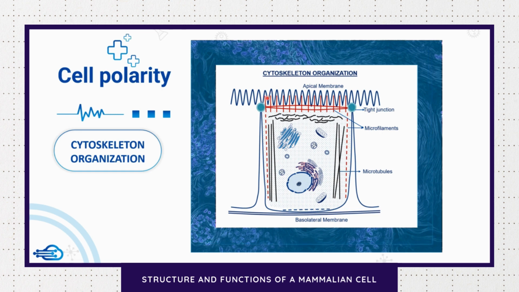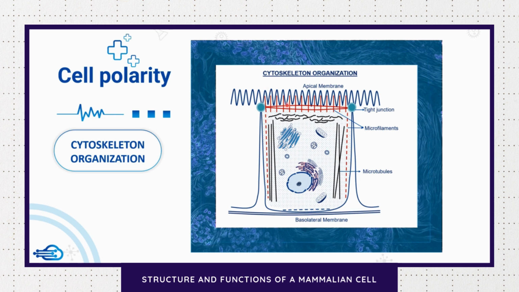This is because there are certain proteins here. Okay, so the proteins present on the apical membrane cannot move on the cell membrane. Normally, proteins can move along the cell membrane. But because of the presence of certain proteins which form the tight junction, the proteins present on the apical membrane cannot move to the basolateral membrane, and the proteins which are present on the basolateral membrane cannot move to the apical membrane.